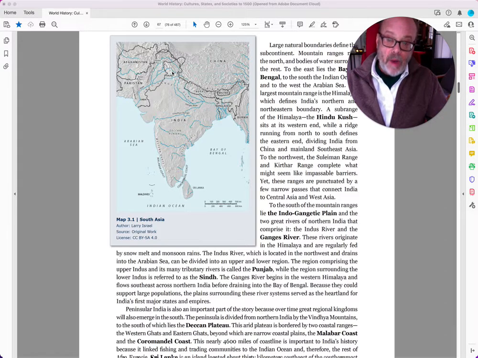The other thing to think about when you're looking at ancient India, and a lot of these ancient civilizations, is that India was somewhat naturally protected. A lot of mountains to the north. The highest mountains in the world are to the north, the Himalayas, Mount Everest, all that stuff. And three-quarters, or 75%, of India is surrounded by ocean.